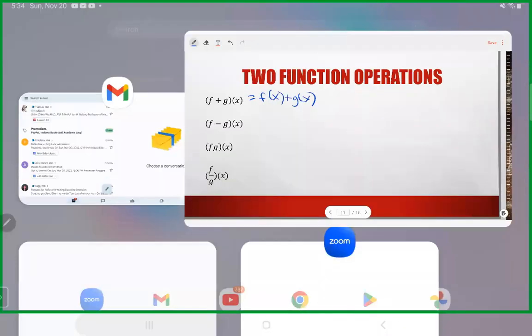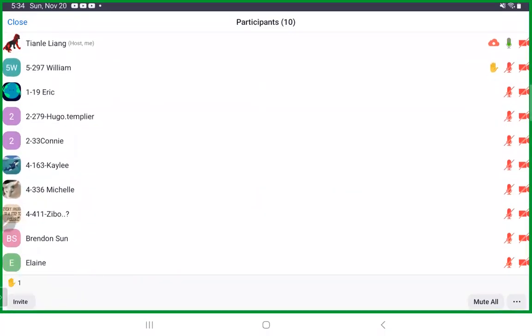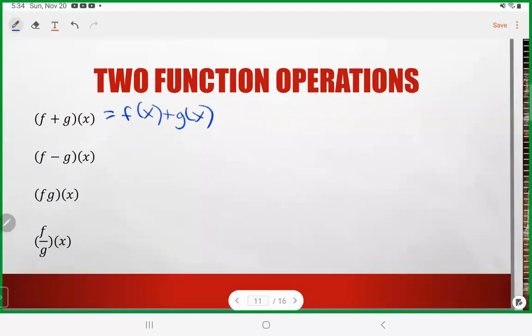All right, so let's call up some volunteers. How about William? William, just do this very quick. Following this trend, what would f minus g of x equal to? Probably it will be f of x minus g of x. Very good. What about this?